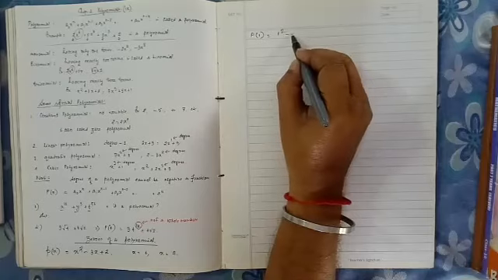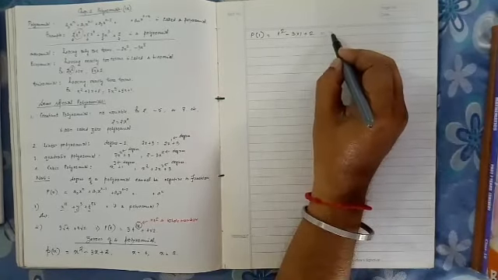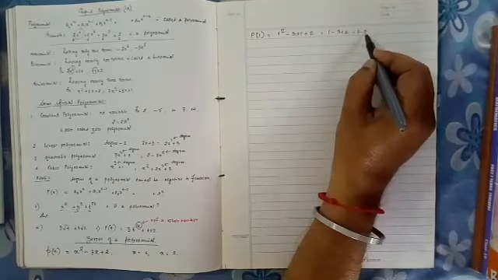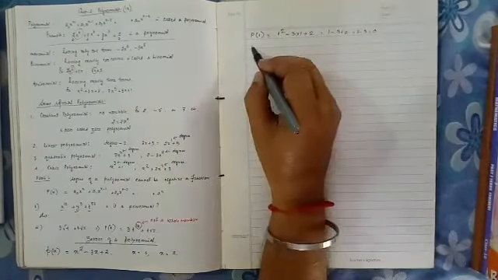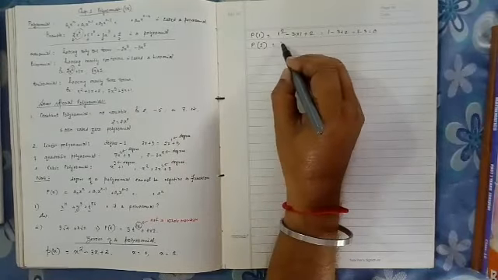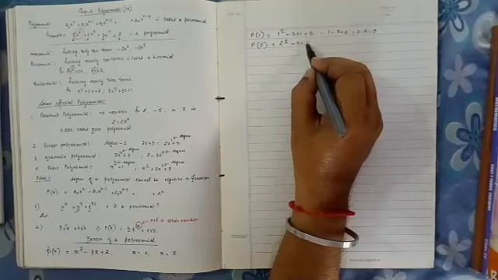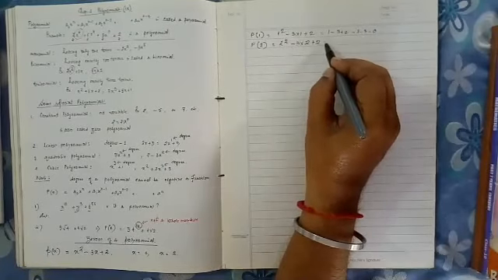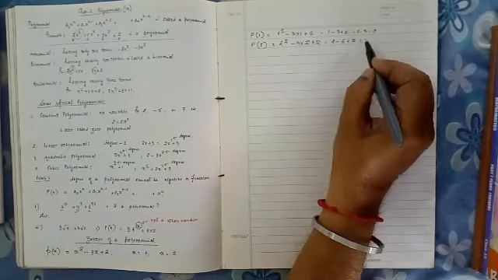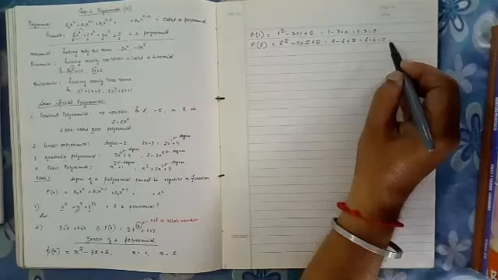So 1 square minus 3 into 1 plus 2. That is equal to 1 minus 3 plus 2, that is 3 minus 3, that is equal to 0. And p of 2: 2 square minus 3 into 2 plus 2. That is equal to 4 minus 6 plus 2, that is 6 minus 6, that is equal to 0.